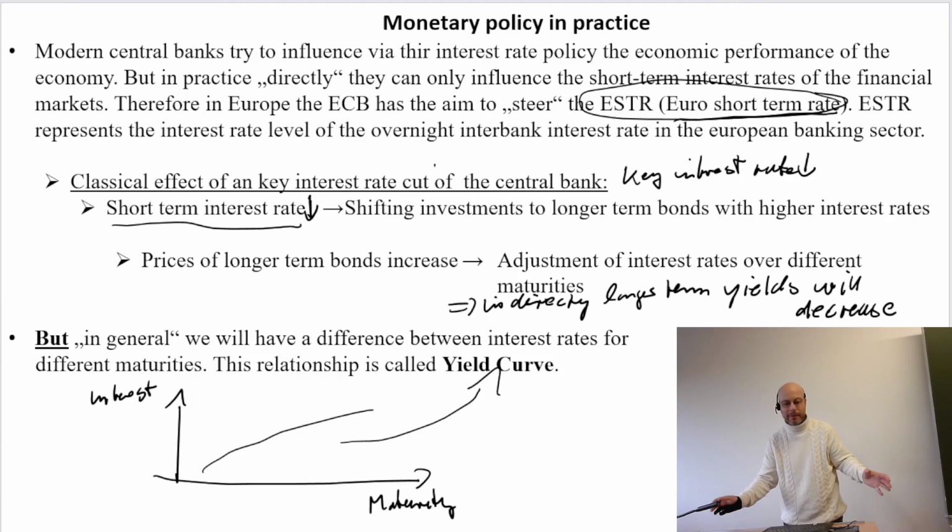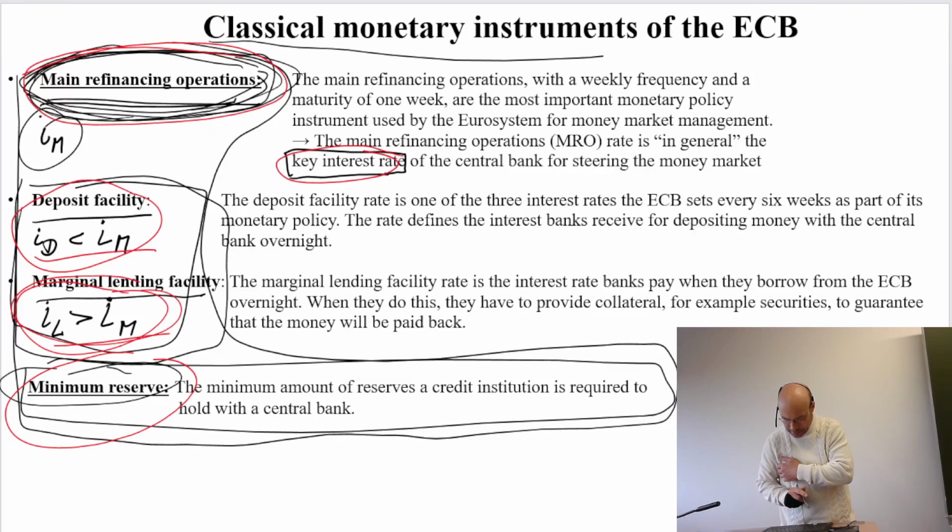And then we know this key interest rate, they have, I think, 1 week or something like this. We had here maturities of around 1 week. So we just want to steer via the central bank the very short term interest rate in the market.